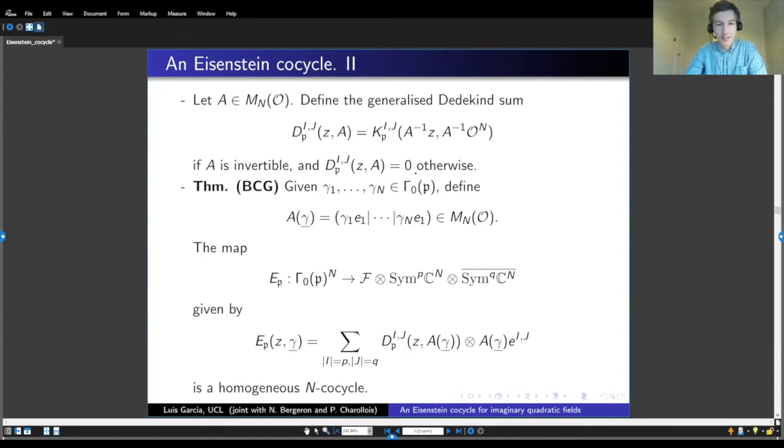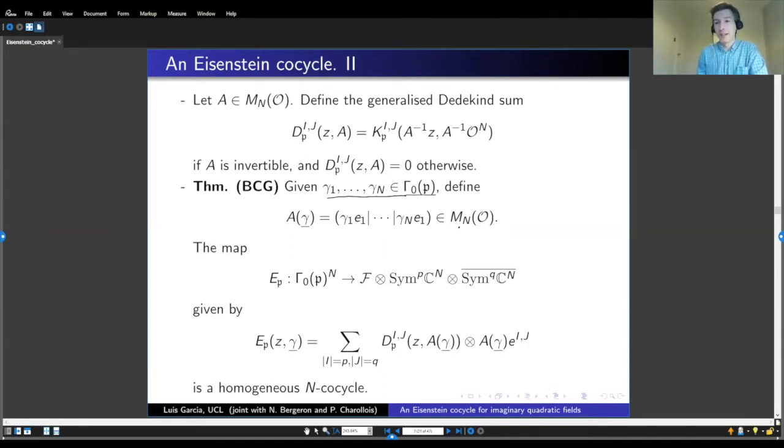Okay. So here is the first theorem. I want to define a cocycle, and what I do is the following. I start with n elements of Gamma_0(P), and I form a matrix that I call A_gamma attached to that tuple, which is the matrix that you get by considering the first columns of each of gamma_1 up to gamma_n.